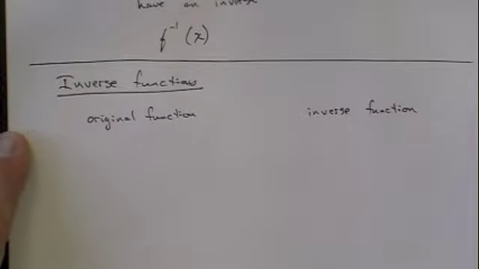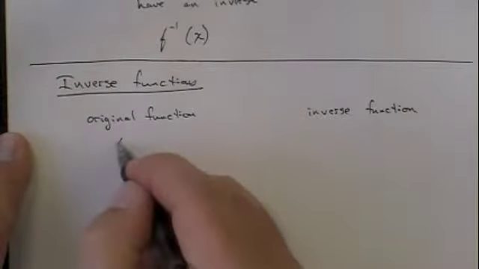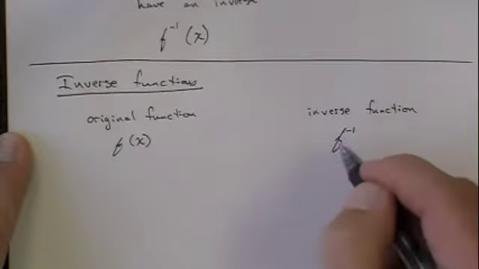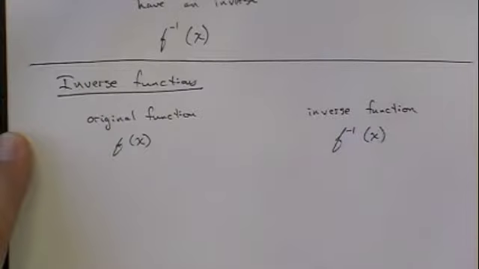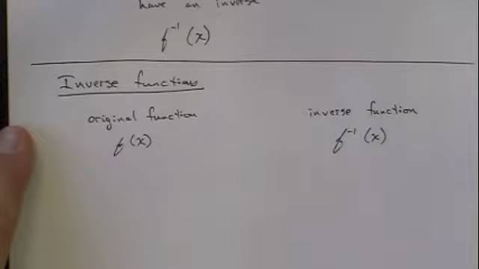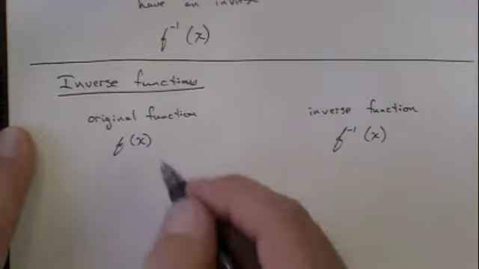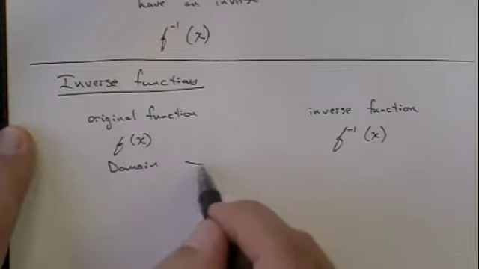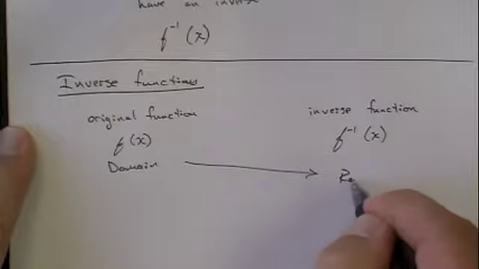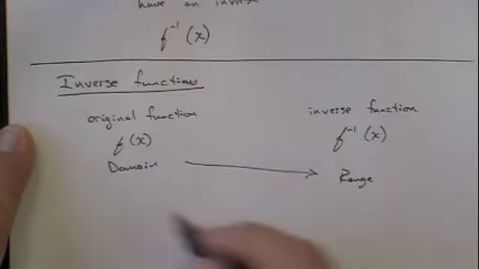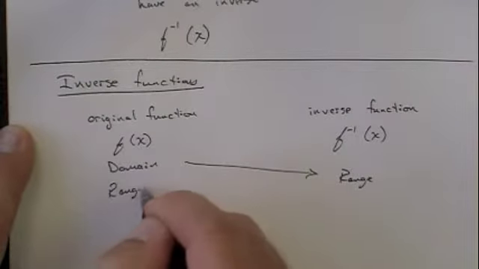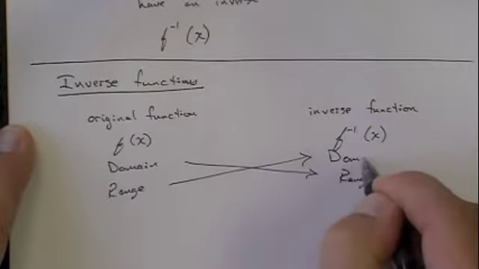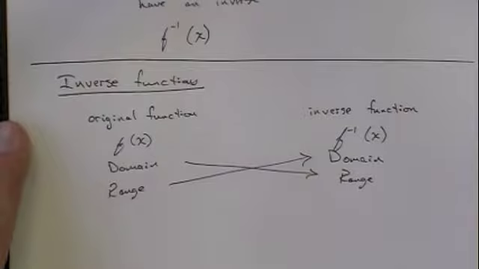So for inverse functions, we write our original function as f of x, and the inverse function we write as f inverse of x this way. Now there are some things that happen with these inverse functions. First of all, the domain of the original is the range of the inverse, and the range of the original is the domain of the inverse.